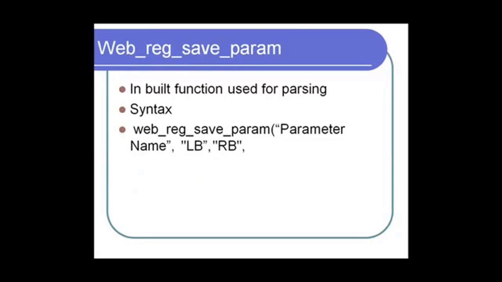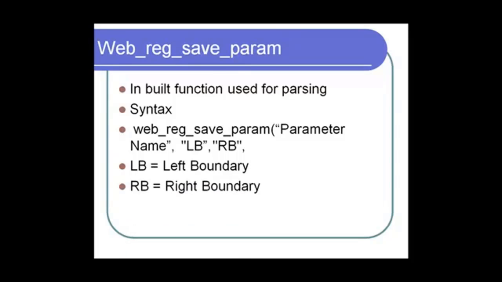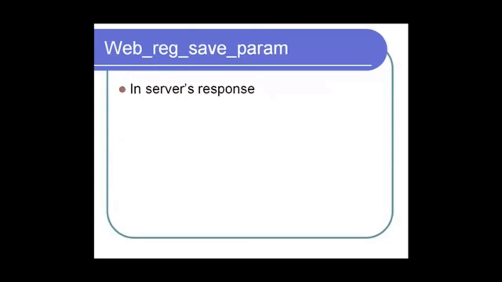In the syntax, it accepts three arguments: the parameter name, the LB, and the RB. The LB is the left boundary after which the value to be parsed appears. RB is the right boundary before which the value to be parsed appears.